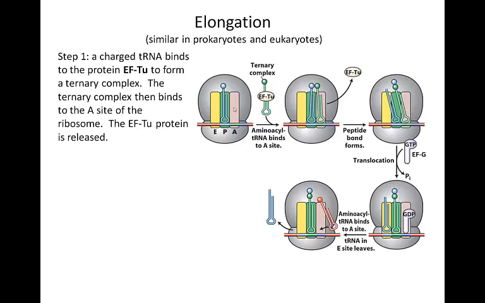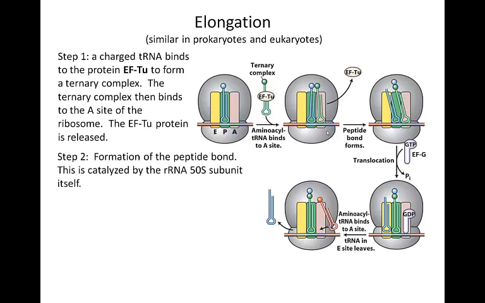This consists of the transfer RNA bound with the appropriate amino acid and also another protein called EF2. This ternary complex comes and binds into that A site, and at that point, the peptide bond gets formed. These two amino acids are right next to each other, and a peptide bond is formed. This is catalyzed by the ribosomal RNA in the large subunit of the ribosome.